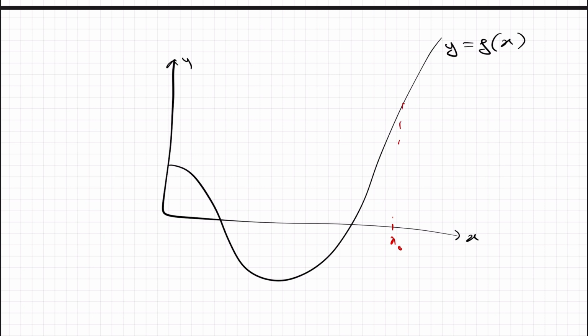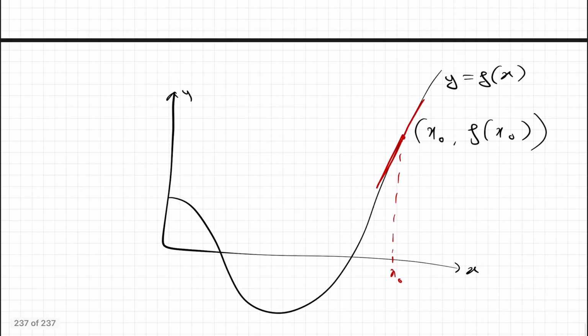So if we go up to the point at x0, this is the point x0, f of x0, right? That's pretty self-explanatory because this is y equals f of x. Now, we know the gradient at this point. Let's see if I can draw a better tangent.